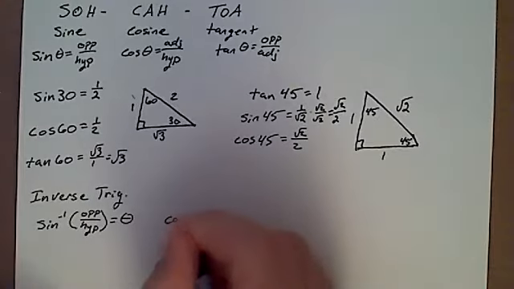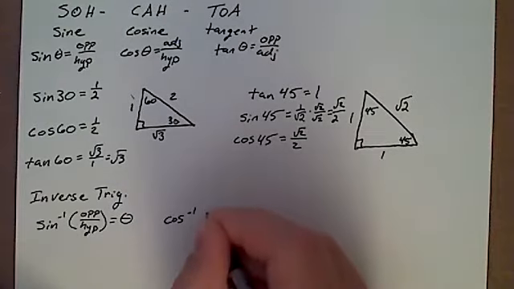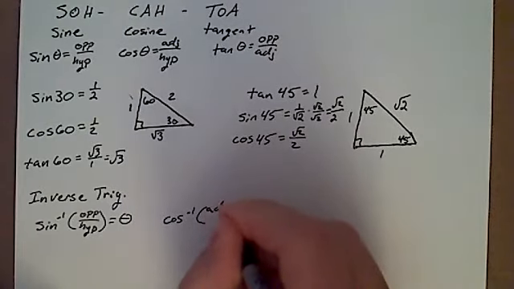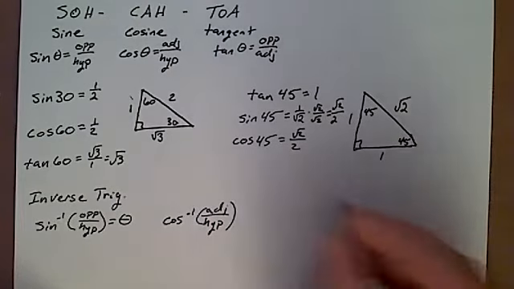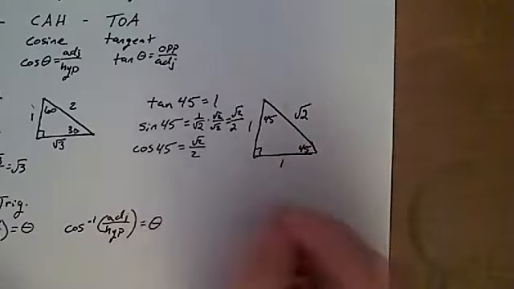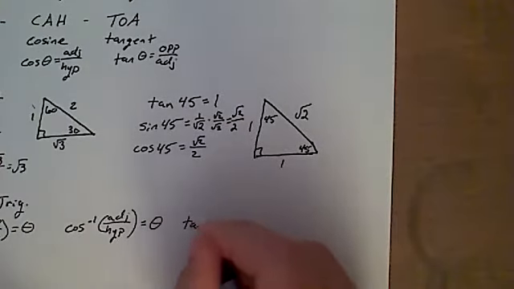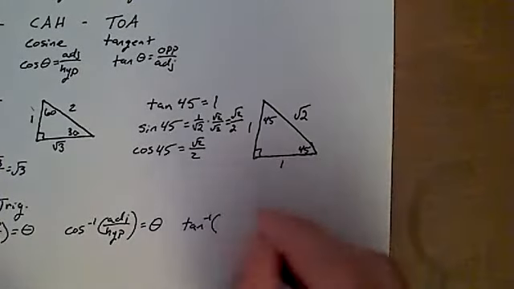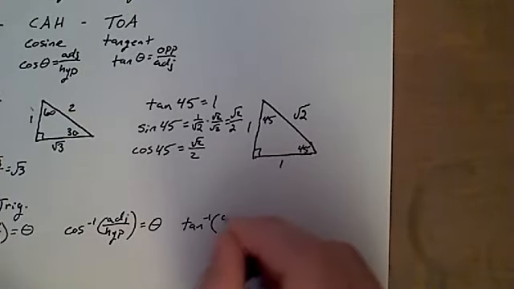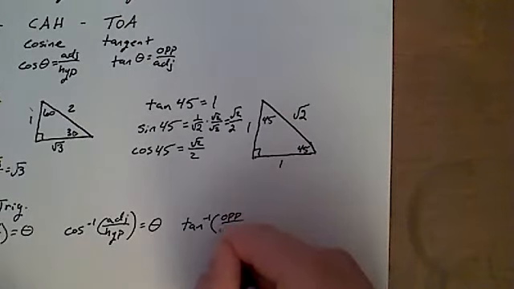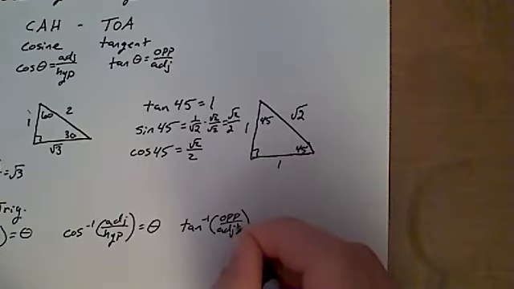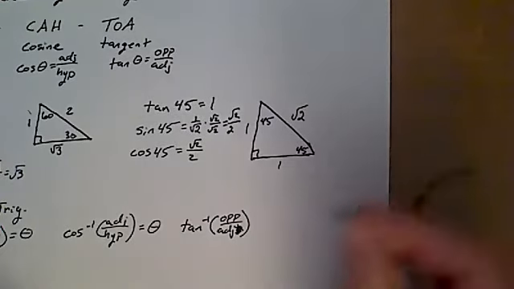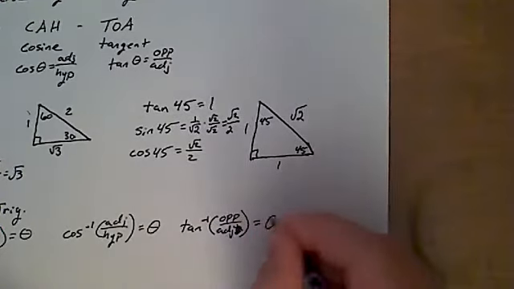The cosine inverse of the adjacent over the hypotenuse is the angle. And if you can guess it, the tangent inverse of the opposite over the adjacent is the angle.